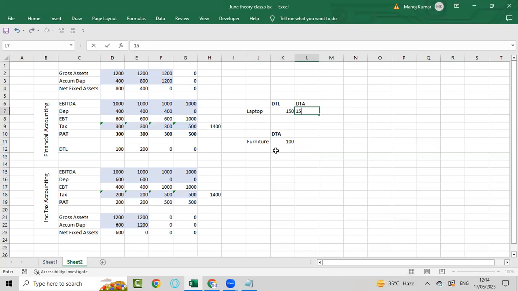So it will be offset by that only, and it will become 0 over a period of time. The deferred tax asset of furniture will be offset by deferred tax liability of furniture only after some time, and it will become 0. And it is not that the whole 100 rupees will be offset in 1 year. Maybe in second year, 60 rupees is offset, then 30 is offset, then 10 will be offset.